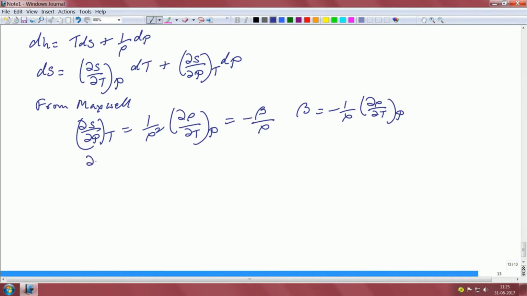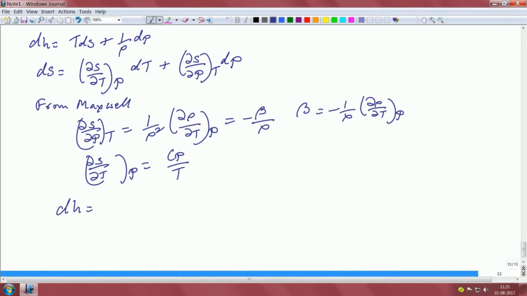Similarly, ds by dt at constant p is given by Cp by T. This is the Maxwell relation.